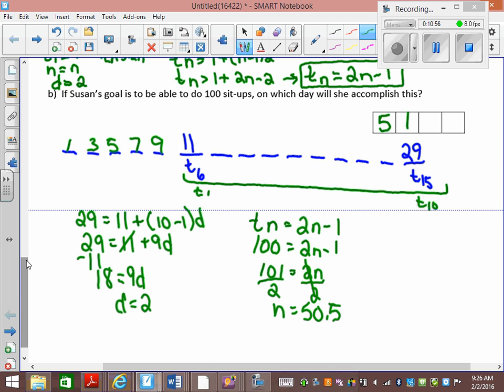On day 50, she would have done 101? Let's think about this.